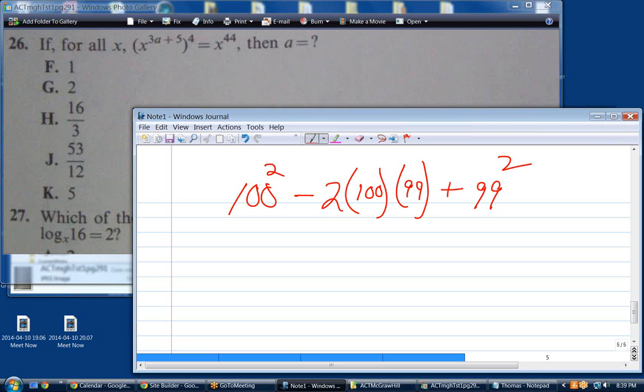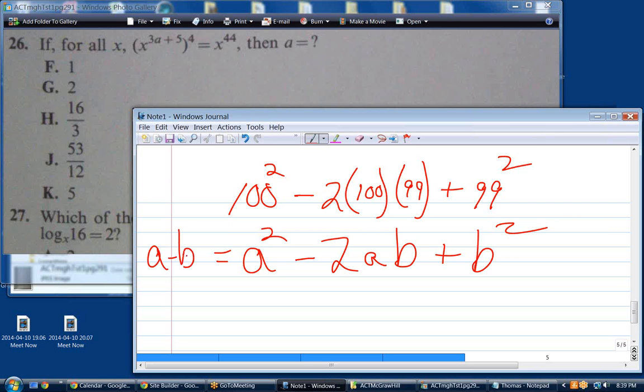Agreed? Yeah. Okay. However, this looks an awful lot like a squared minus 2ab plus b squared, which is a minus b quantity squared. What's a and what's b?